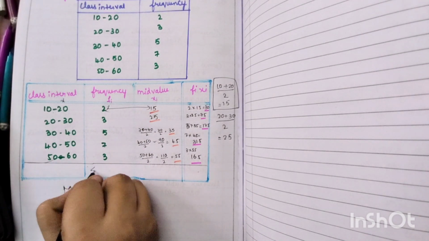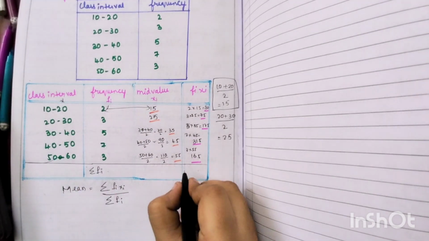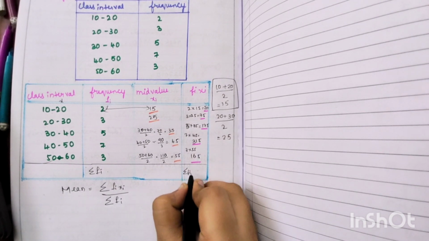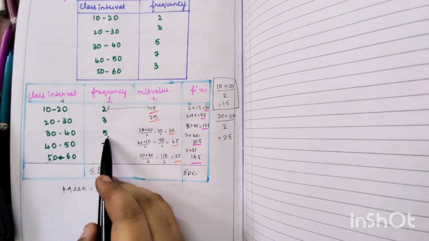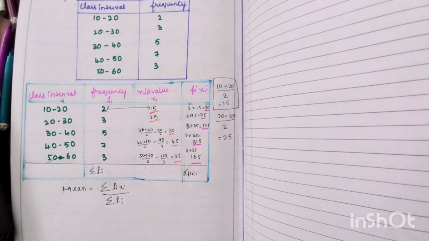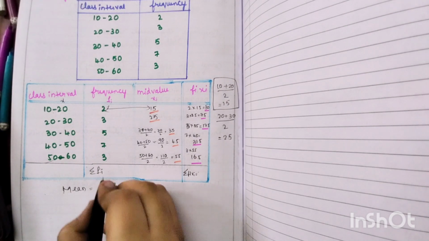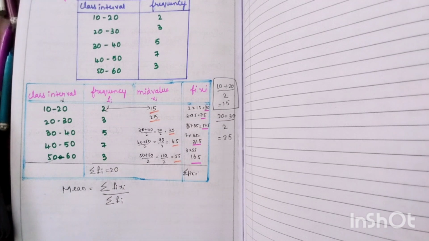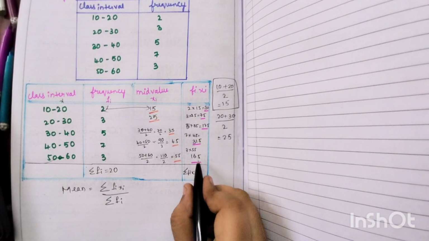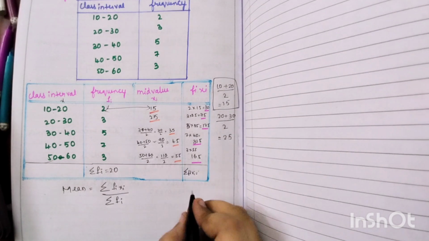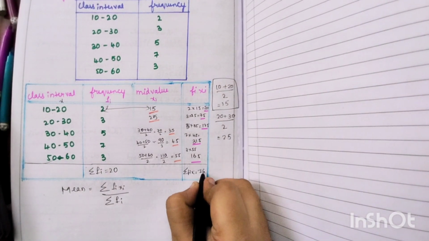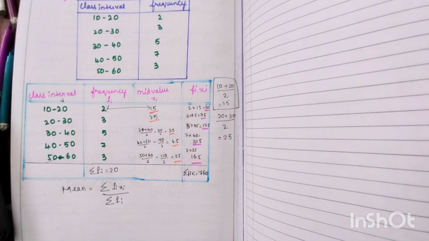So adding all this, if you add 2 plus 2 plus 3 plus 5 plus 7 plus 3, you will get it as 20. Now fi and xi, do it and tell me how much did you get. Did you get 760? Yes, you're absolutely correct.